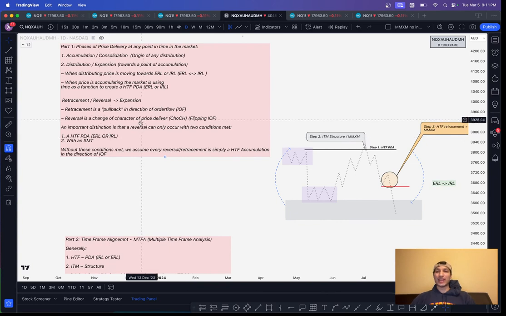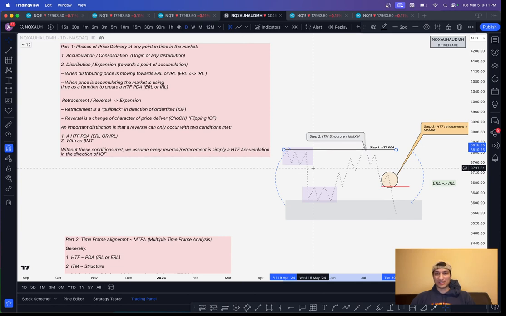So when we reach a higher time frame PD array, external range or internal range, we then need to see an SMT in the market, which is taught by ICT, in addition to Dexter Lab and those folks, the Monster Lab, about how SMTs frame SMRs. We want to see SMT and this PD array be engaged to start thinking about a reversal.